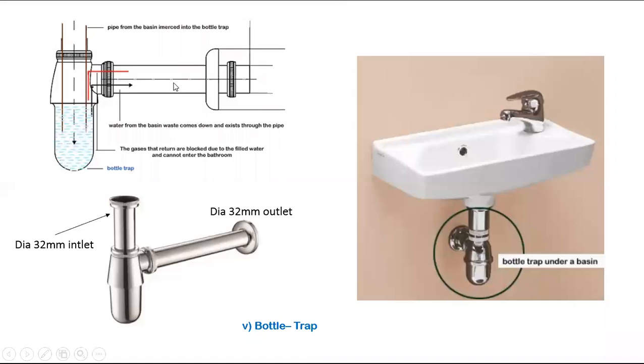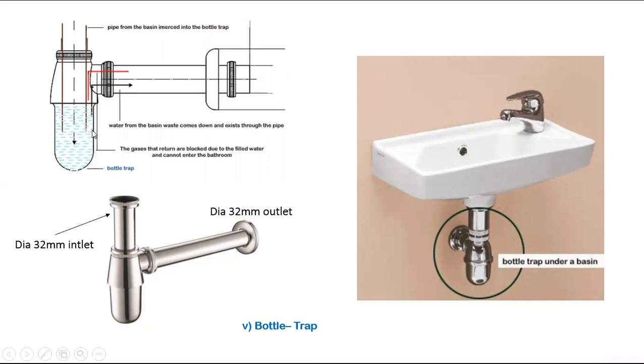This is the bottle trap, which we use under the wash basin. The outlet from the wash basin comes here like this. The water will go into the U-shaped tank.